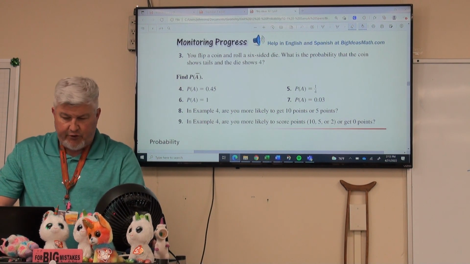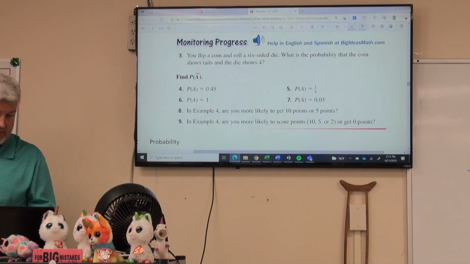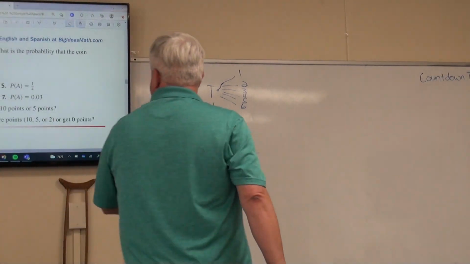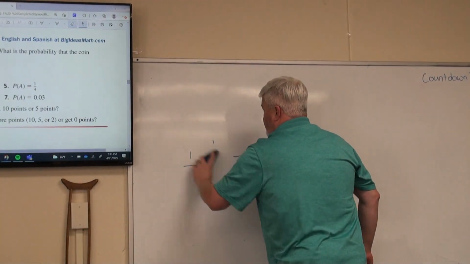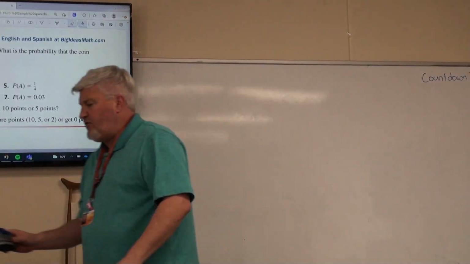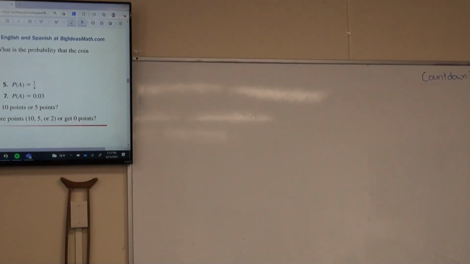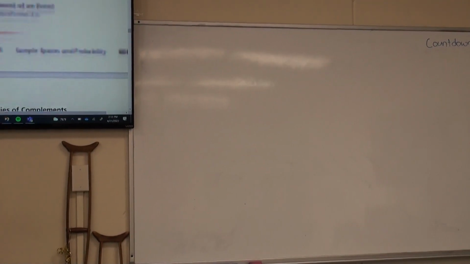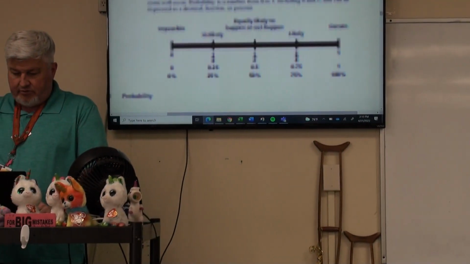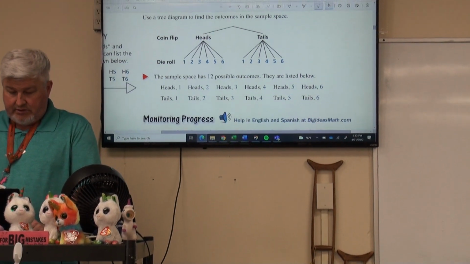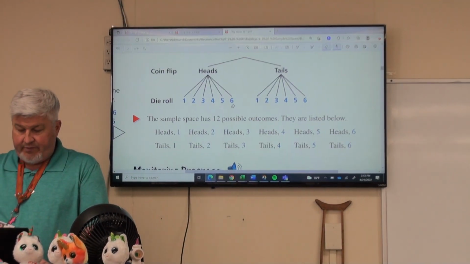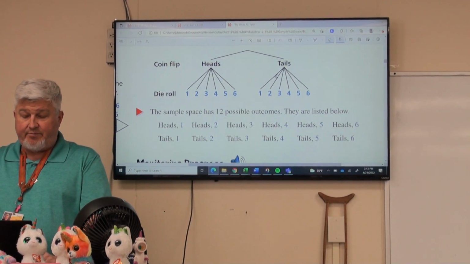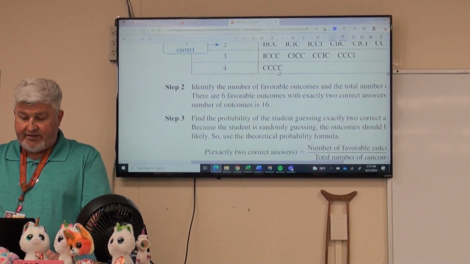All right, so the first one, I'm going to go back over to the board for this one. You flip a coin and roll a 6-sided die, which we already had drawn out. In fact, I'm not going to draw it out. That was what was shown up here. Here were your options when you flipped a coin and rolled one die, and it said, what is the probability of, I think it was tails and the number 4.